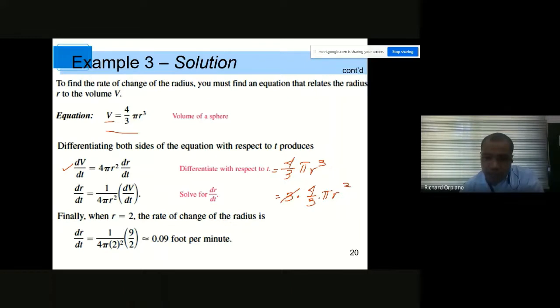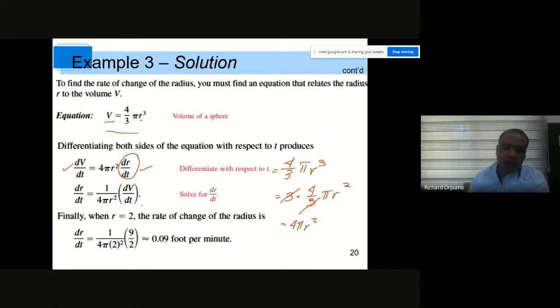Yes, it cancels, so what is left is 4 pi r squared, times dr/dt, let's not forget since that is the radius. Now, this is our formula, but what we are looking for is dr/dt, so we rearrange it a bit. That's why dr/dt is equal to 1 over 4 pi r squared times dV/dt.